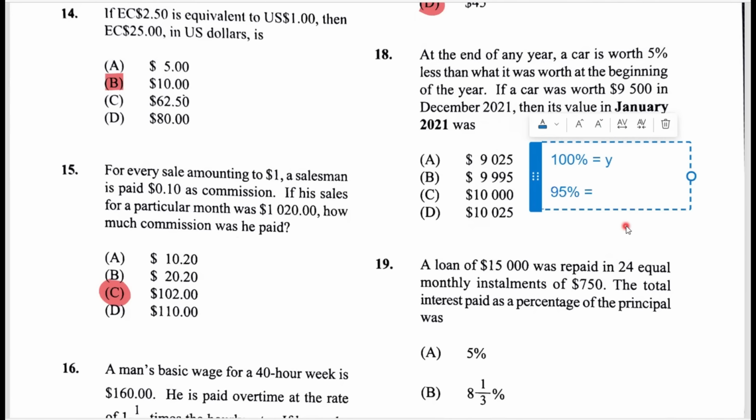So 95% equals 9,500. So you cross multiply: y by 95 equals 100 by 9,500. This one we do have to do a little bit of working, unfortunately. So y will be 100 by 9,500 divided by 95.